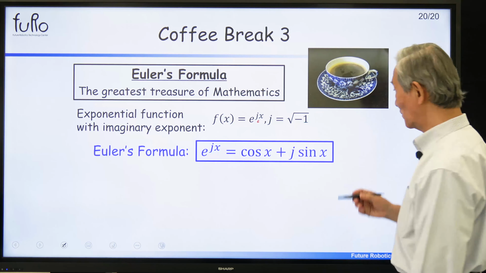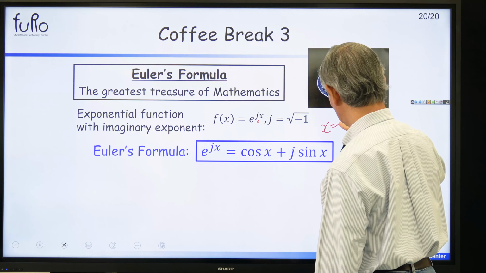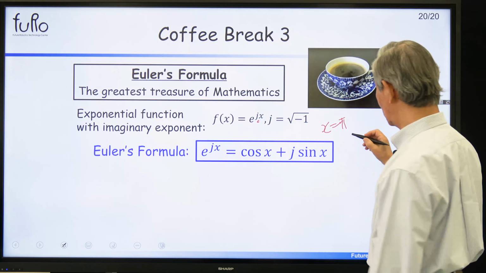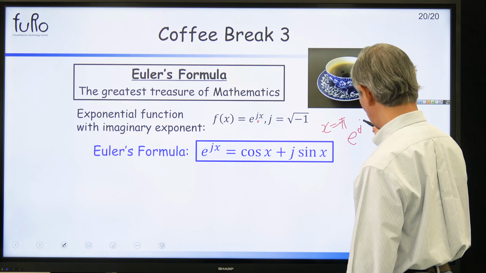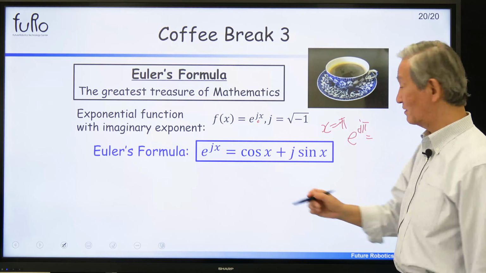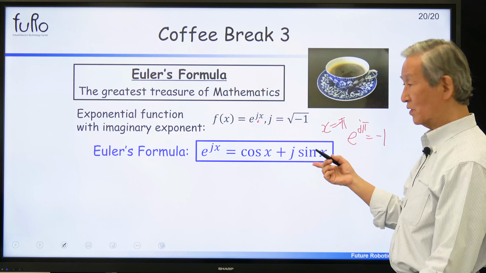So this is astounding, really big surprise. Well, suppose x is equal to pi. If you put the pi in it, e to the j pi is equal to cosine pi, which is -1, plus j sine pi, which is 0.